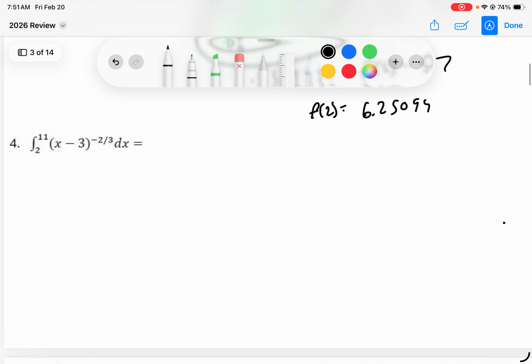All right, number 4 is going to be my favorite problem in this whole review because it's just terrible. It's just not fun. This is an improper integral. I shouldn't have told you that already. So we're supposed to look at it and we think, okay, I have to find the antiderivative of this evaluated from 11 to 2.